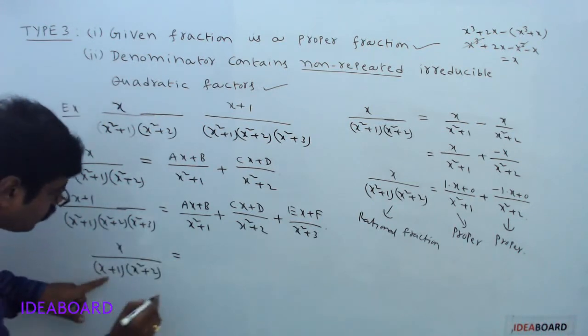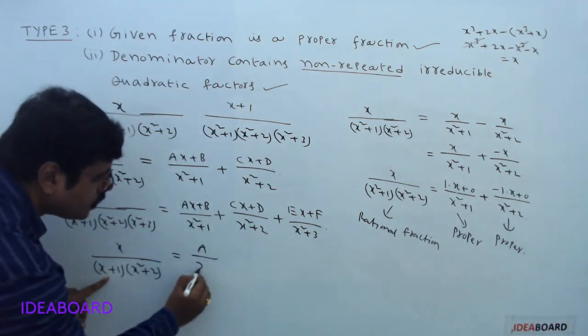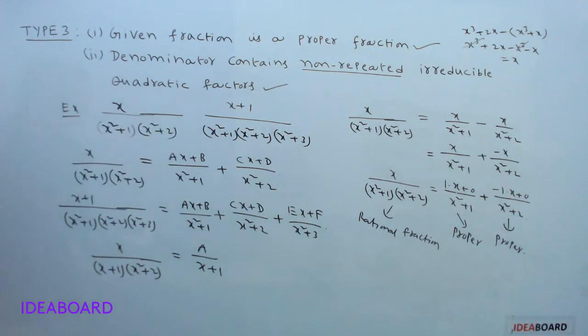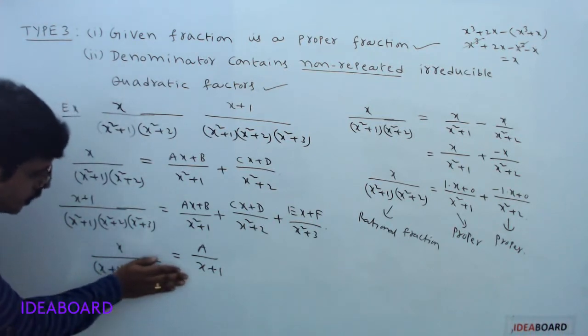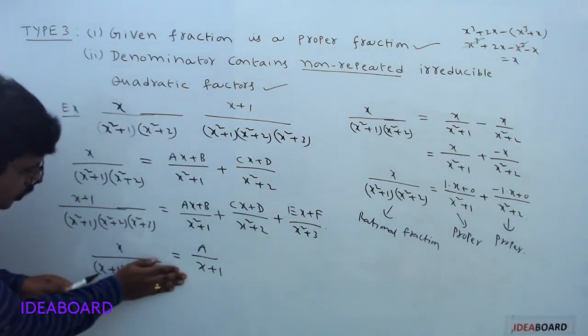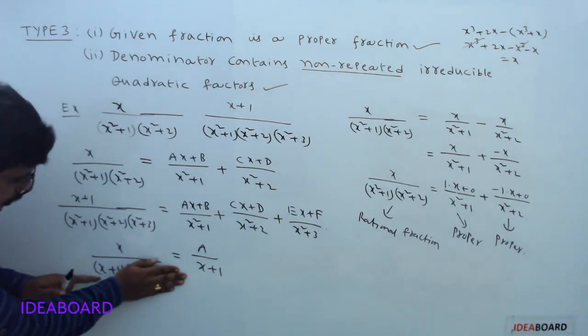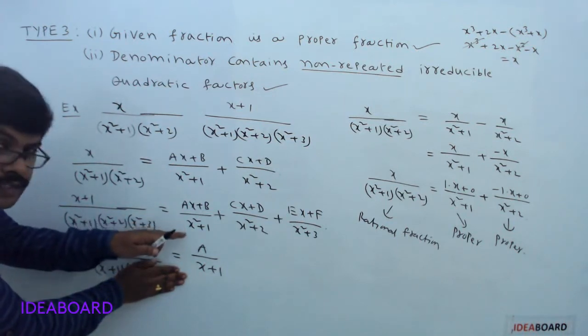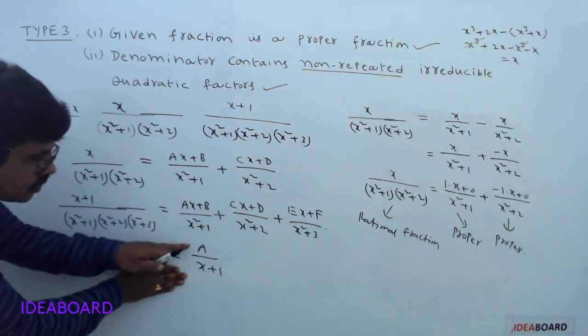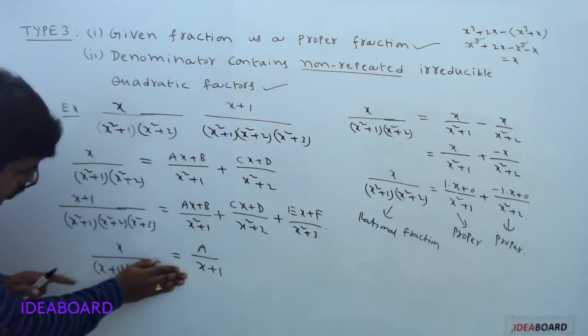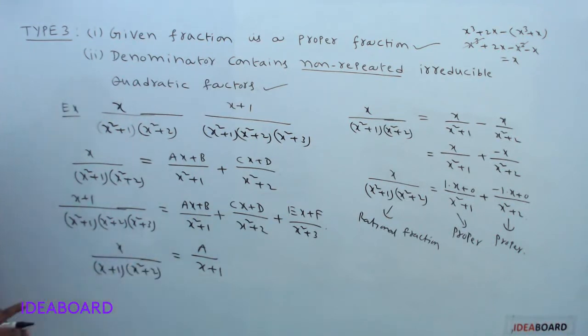So it can be taken as A divided by x plus 1. So this part is over.